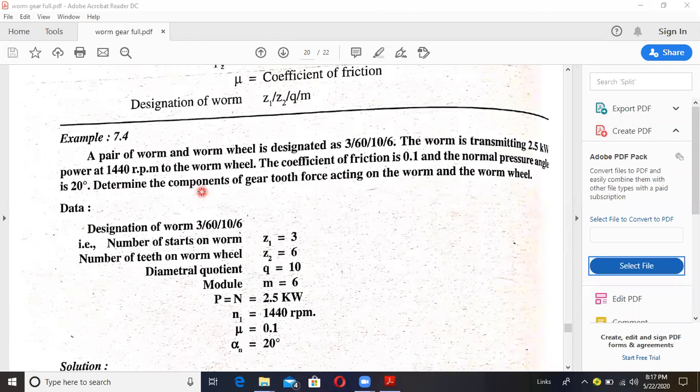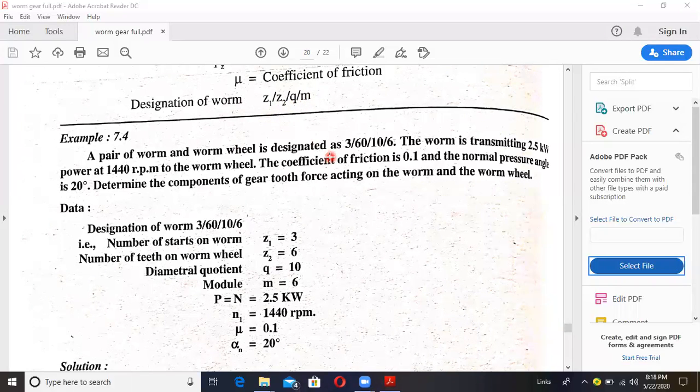So here, if you see the question, they told that the combination of worm and worm wheel is designated as 3/60/10/6. Already in the formulas I told that in the notations, the designation of worm always has first term Z1, second term Z2, third term q, fourth term m.